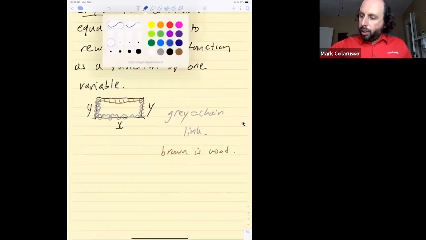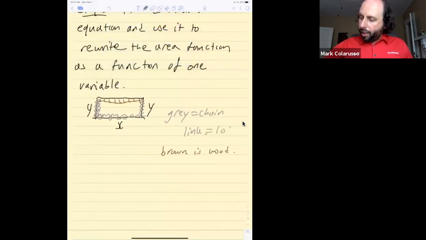So the chain link, I'll write as $10 per foot. And the wood we said was $20 per foot.